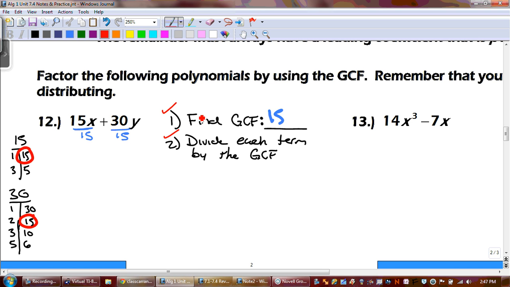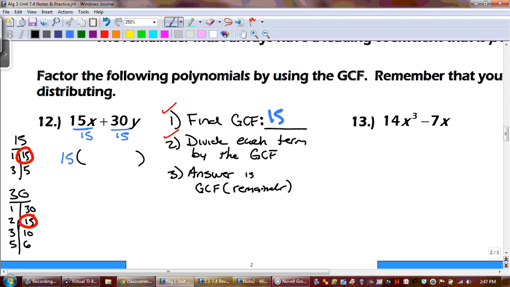And now step 3, our answer is the GCF with the remainder in parentheses. So automatically my GCF comes out front, and now we're going to divide.